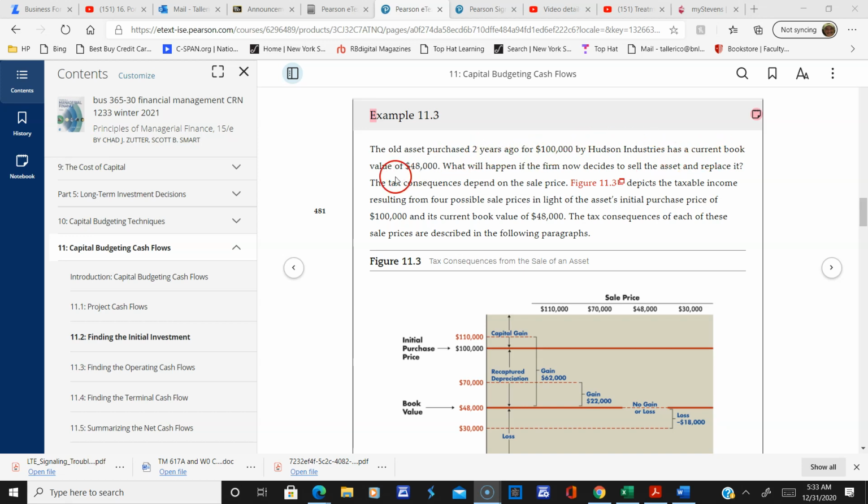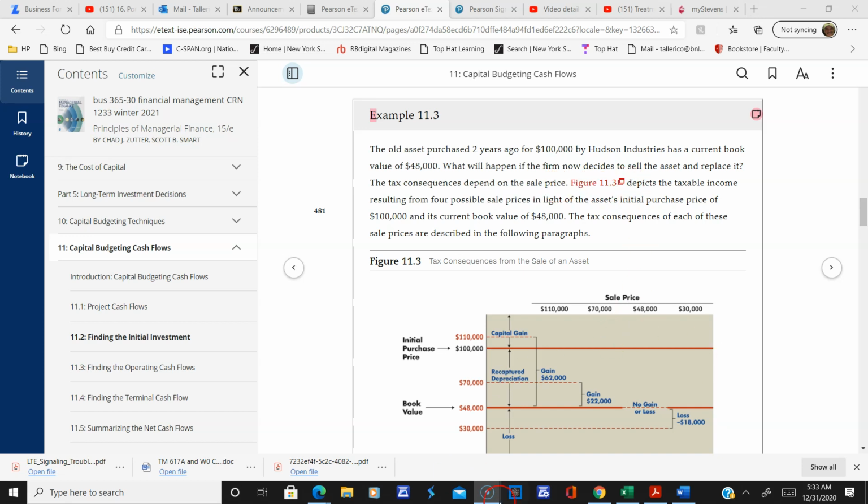It has a current book value of 48,000. That means it's being depreciated, so it already was depreciated by 52,000. What will happen if the firm now decides to sell the asset and replace it? The tax consequences depend on the sale price, and this is a very important consideration.